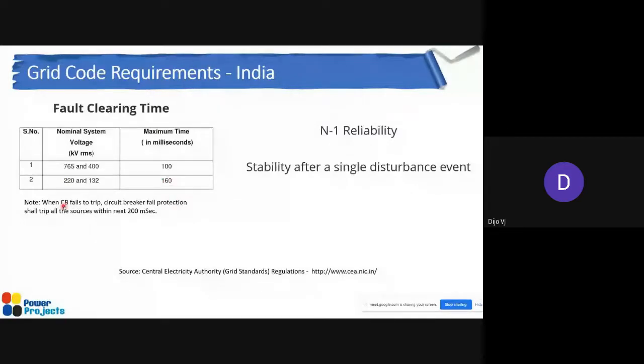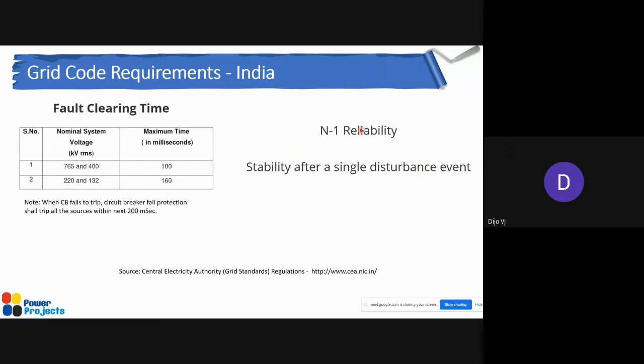When a breaker fails to trip, it is allowed up to another 200 milliseconds, because when one of the breakers fails to trip even after the protective relay gives the trip command, then some other breaker needs to clear that fault, right? So it takes another 200 milliseconds for that, and the grid code is allowing up to an additional 200 milliseconds when a breaker fails to trip.